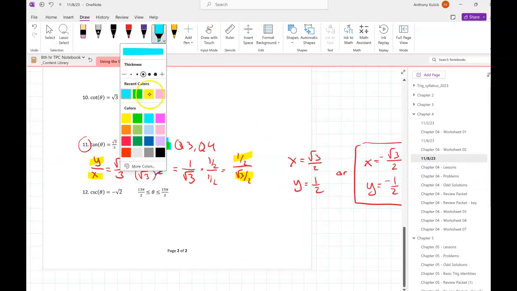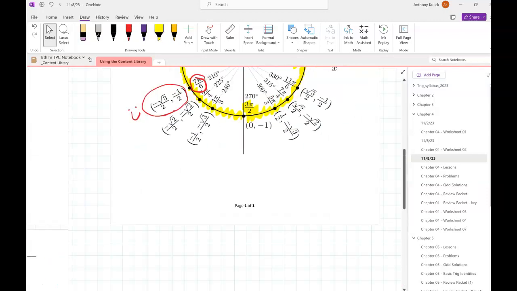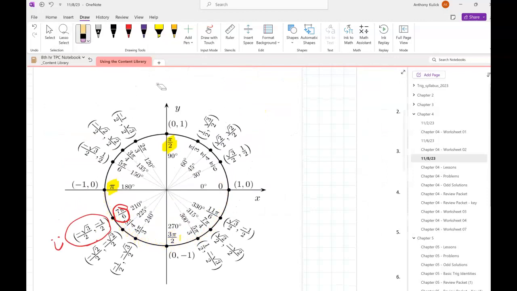So I'm going to start the same way. I'm going to figure out what quadrants I need to be looking at. So I'm going to go back to my unit circle, and we have some counting to do. Both of the angles there were positive angles, right? 13 pi over 2 and 15 pi over 2. So which way should I be counting? Counterclockwise, right? If they were negatives, I'd be counting clockwise.